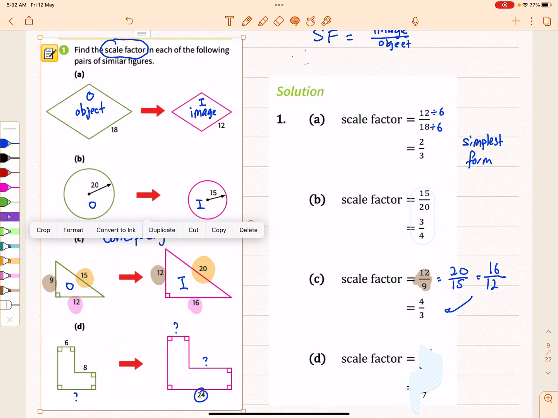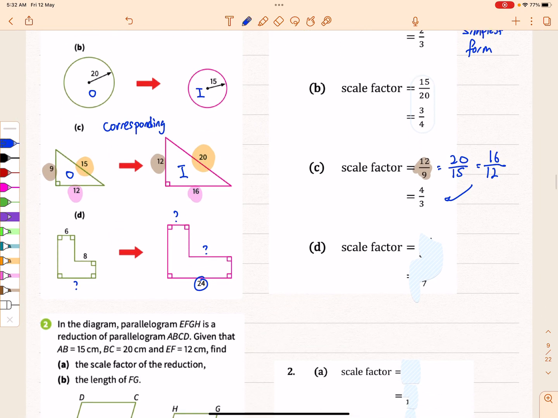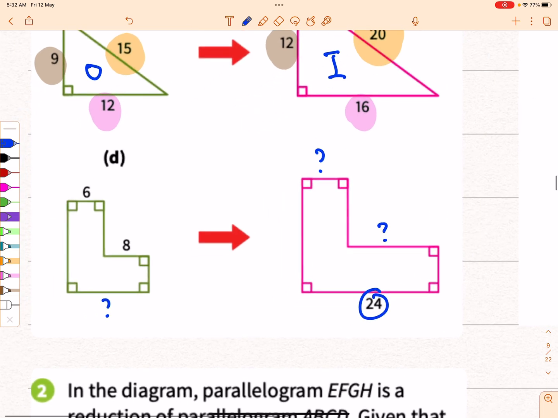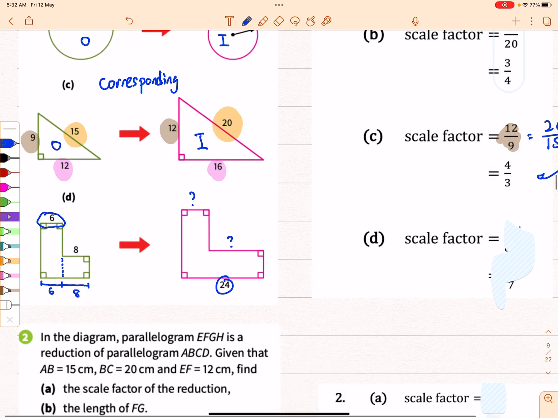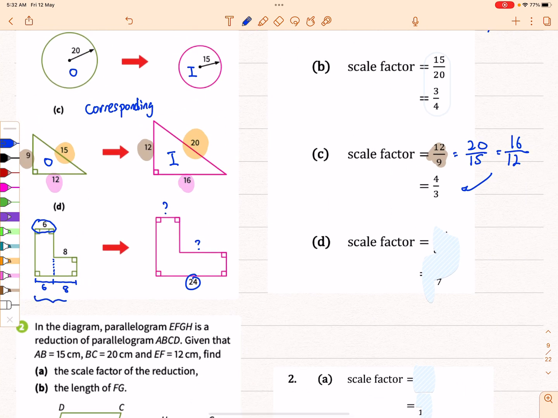Do you see that if I look at this shape, I can draw a line down, if this is 6, then here to here should be 6. Make sense? Similarly, here to here should be 8. So from here, I know that this length here is 14, and I could compare 24 and 14. So there you go. The answer is 12 over 7.